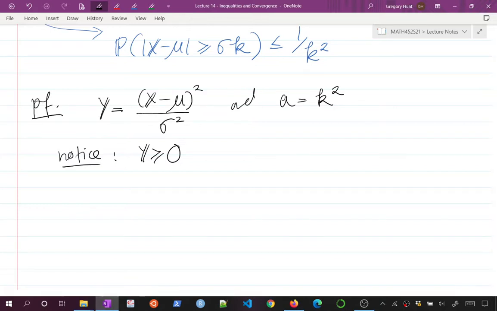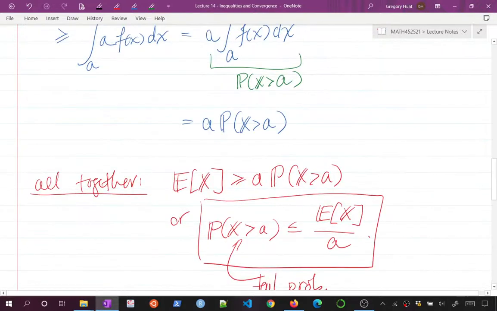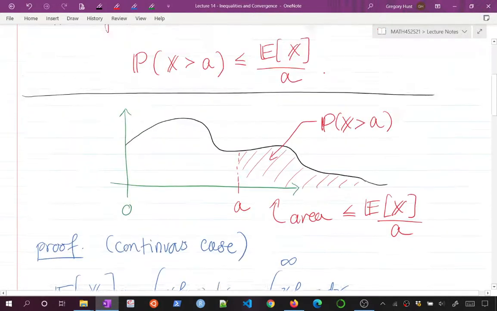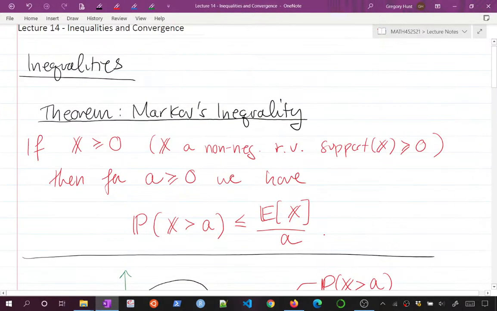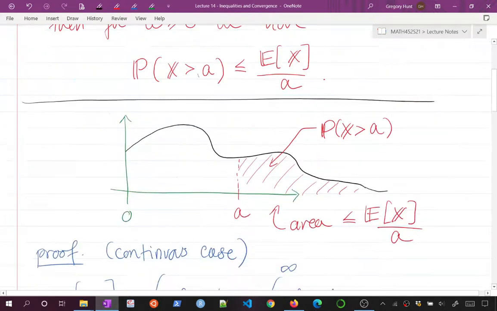Y is non-negative because it's a square; it's never going to take on a negative value. Everything in it is squared. And so by Markov's inequality, which we laid out up here, the probability that a positive random variable is bigger than a is less than or equal to expectation over a.